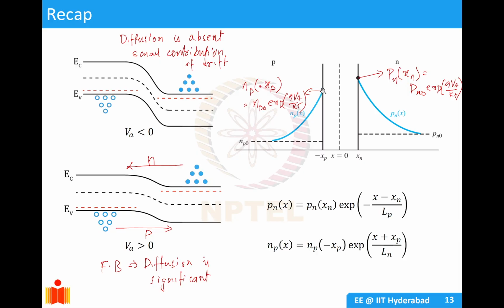We have also calculated the amount of excess carriers generated at the edge of the junction for forward bias, and the diffusion equation will be given as pn(x) equals pn(xn) exponential minus xn by Lp. And for the p side, np(x) equals np(minus xp), which is this point, exponential x plus xp by Ln.